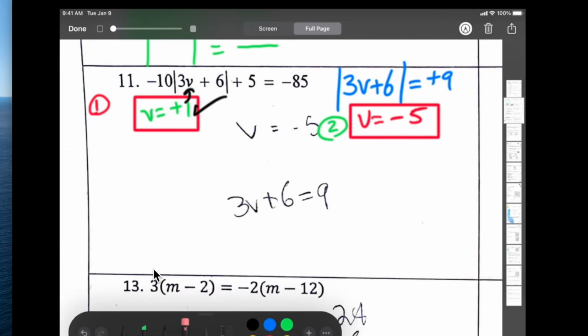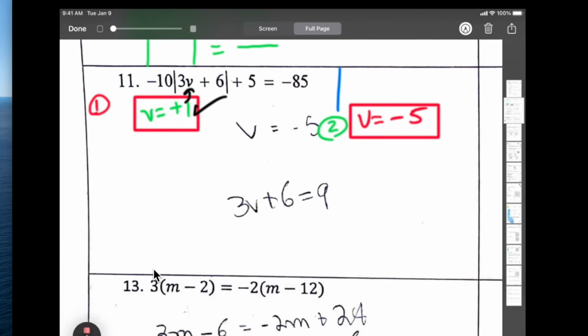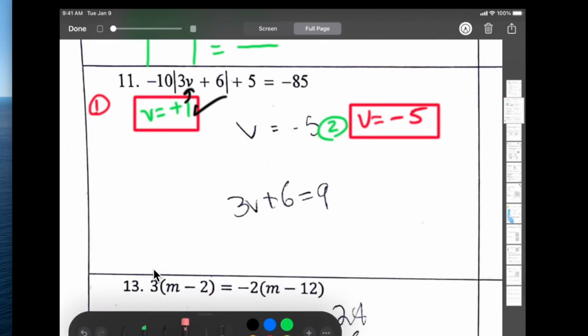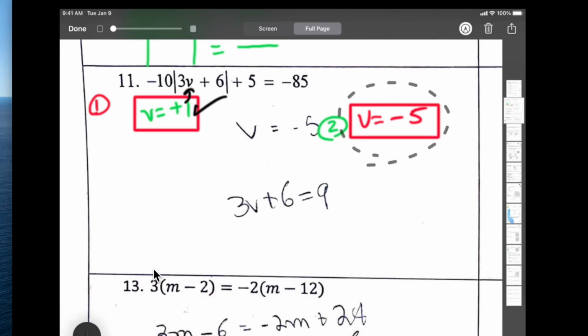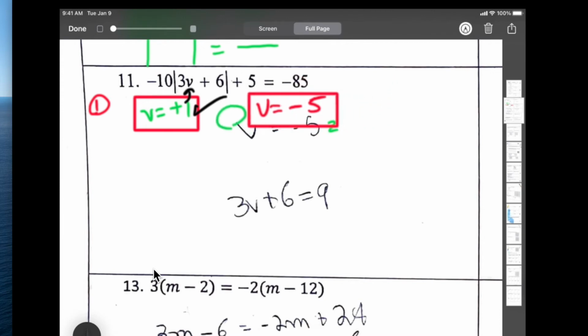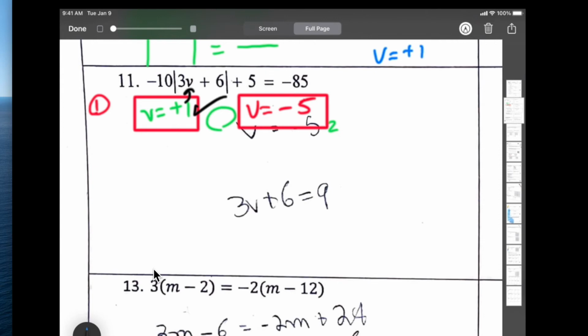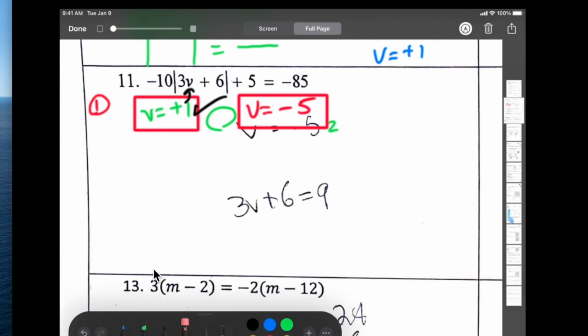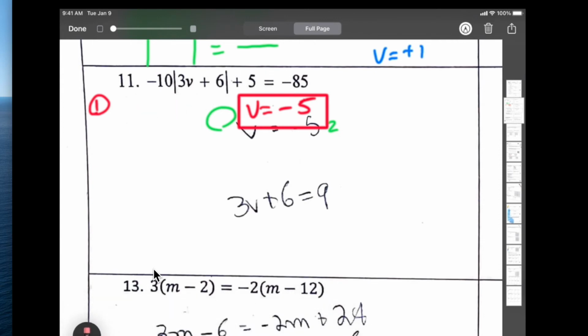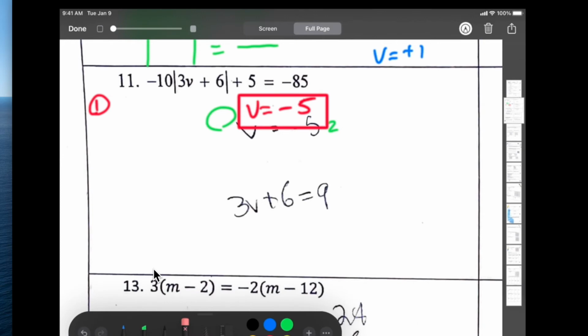My mistake here. Not this one, the original equation, up in here. And let's see what happens when we do that. Okay, let's get rid of that v equals positive 1, put it here. We know that's one of our solutions. Now we're trying to see if this is going to be one of ours. Okay, sorry for all that house cleaning.